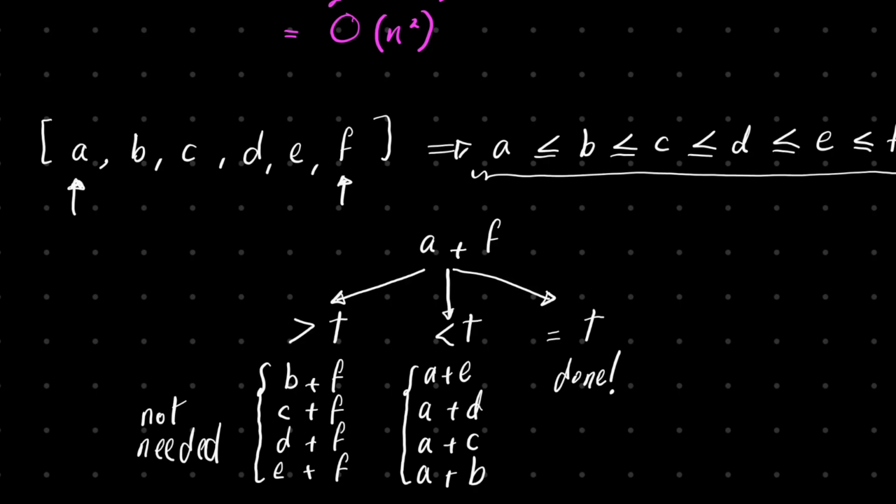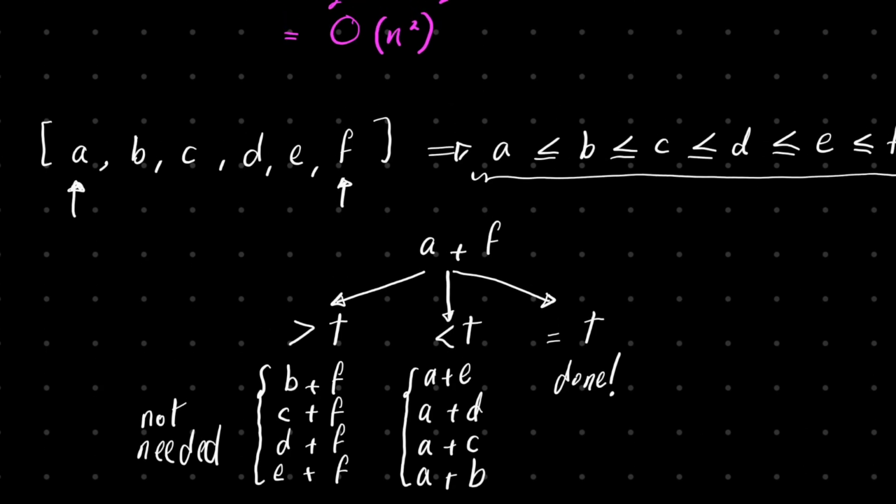Okay, so what will be the runtime in that case? Well, let's see. It's not O of n squared, and that's for sure, because we're not trying every pair. Why is that? Because we were pretty smart and we did the sorting first, and we did not have to do any of these computations over here.